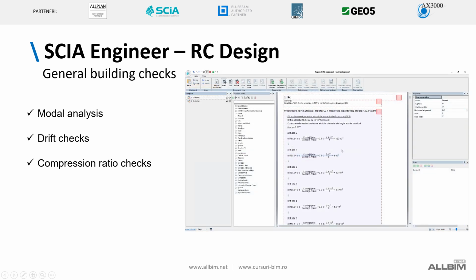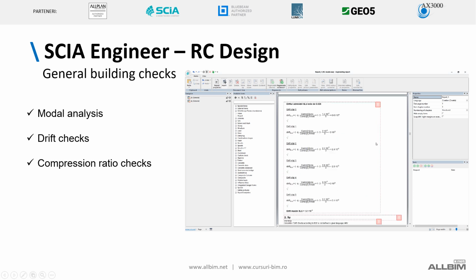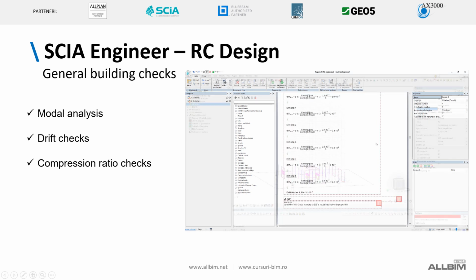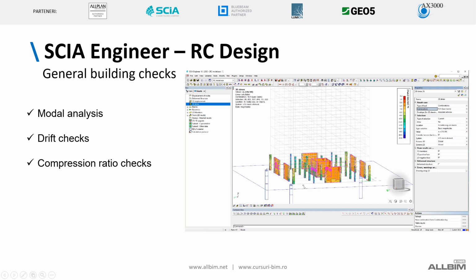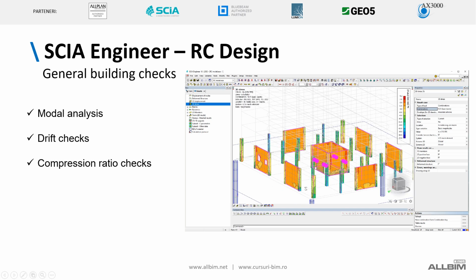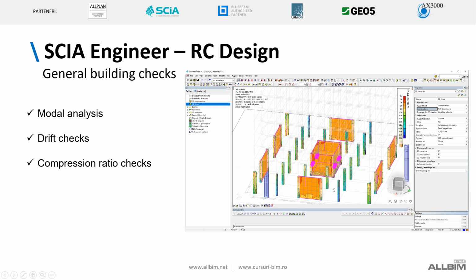You can also have this design form that is valuable for any multi-story concrete building you would design with SCIA Engineer. Limiting the compression in vertical elements is also important as pre-design and to ensure a ductile behavior. I will present two ways in which you can analyze the compression stresses in the concrete elements.